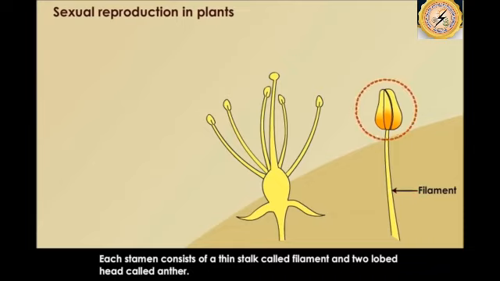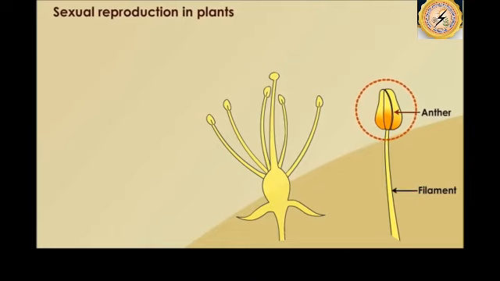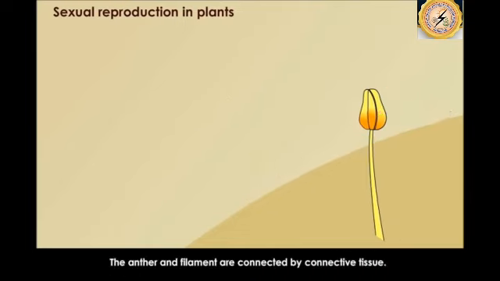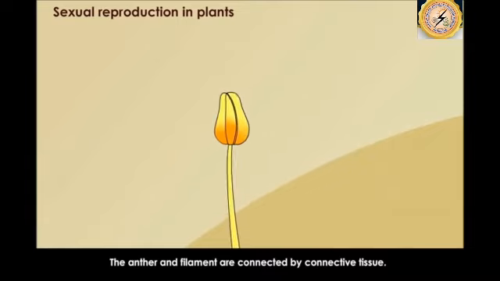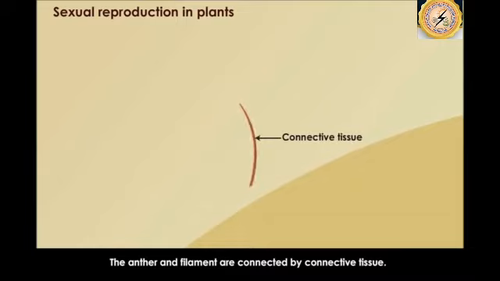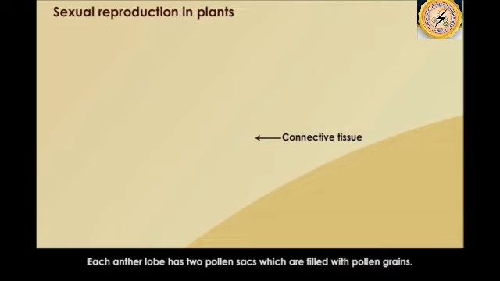So the filament and the anther are attached to each other by the connective. So there is a small connective tissue which attaches both the major structures.